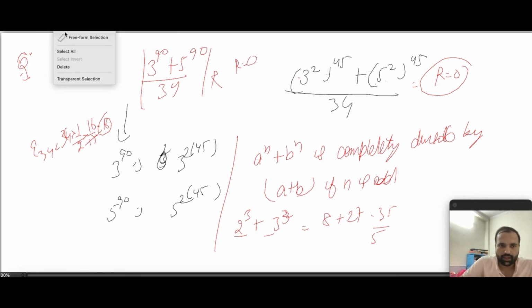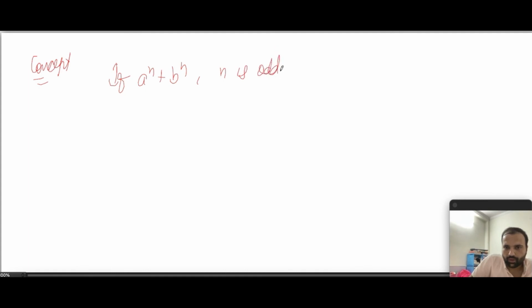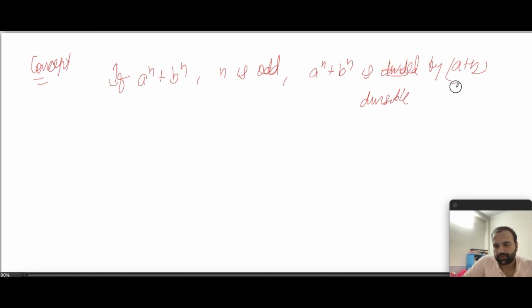Okay, so the concept part over here is: if A^n plus B^n, where n is odd, A^n plus B^n is divisible by A plus B. Okay, so that's what we used over here.